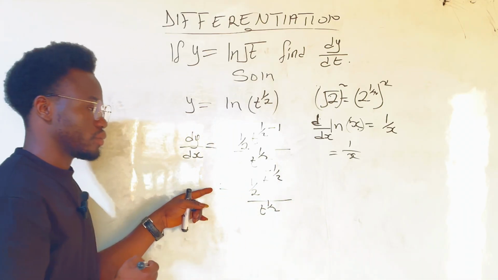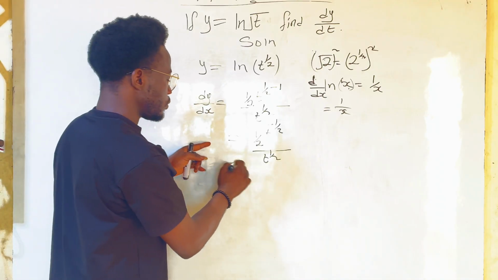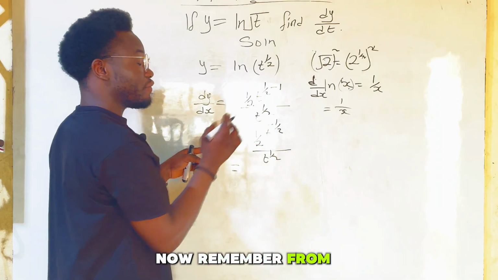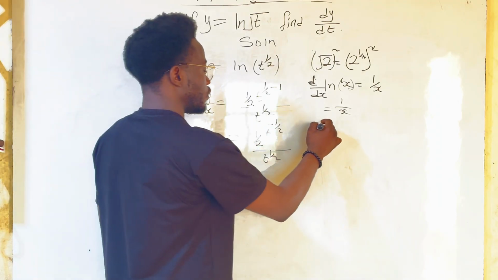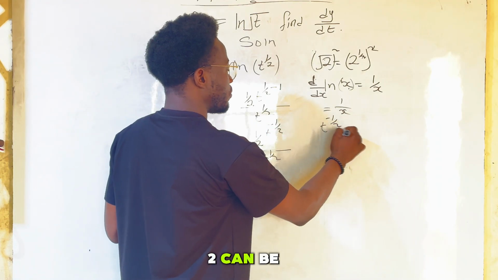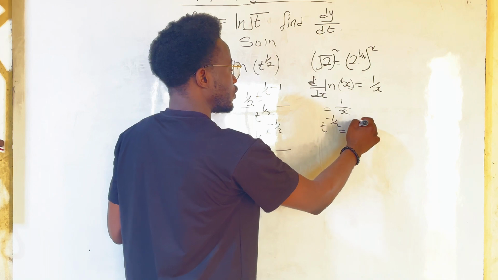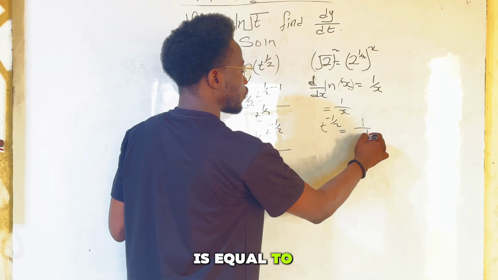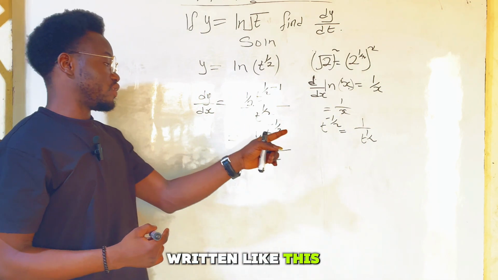This function. Okay? Now remember, from the laws of indices, t^(-1/2) can be written as 1/t^(1/2). This can be written as this.